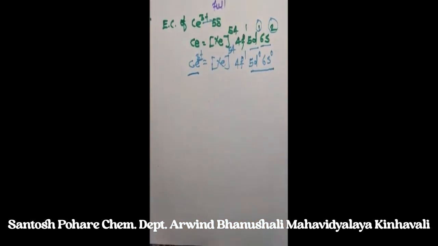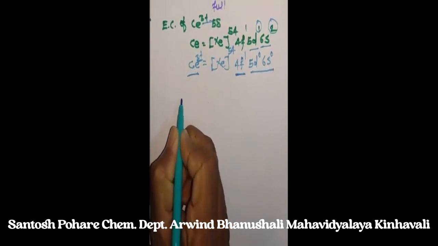Now we know that Cerium has only one unpaired electron in its valence shell, that is in the 4f subshell. This 4f has only one electron, and due to this one electron Cerium shows a magnetic moment.